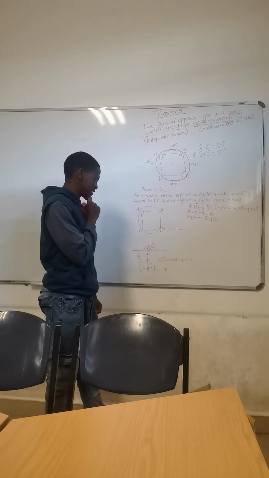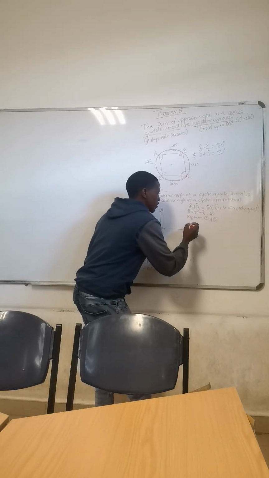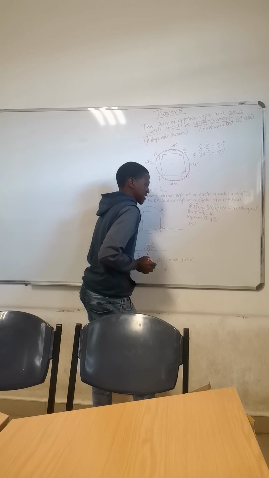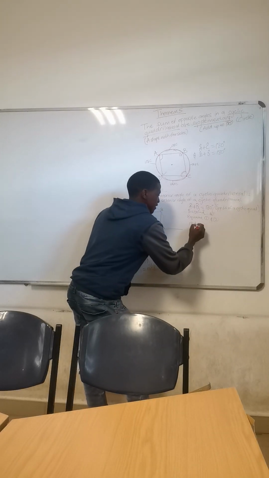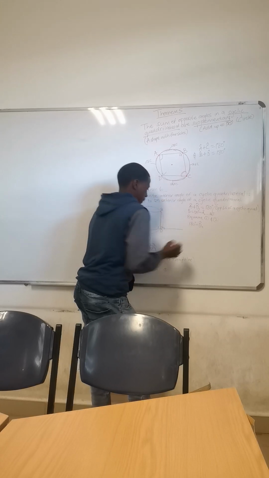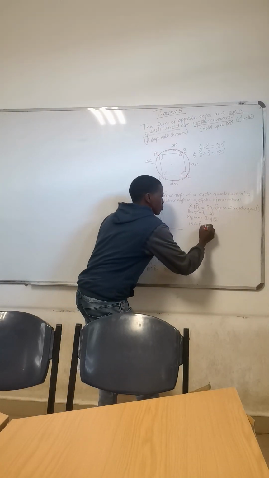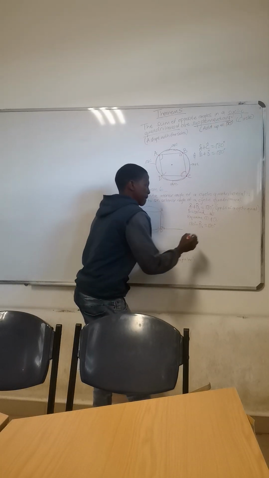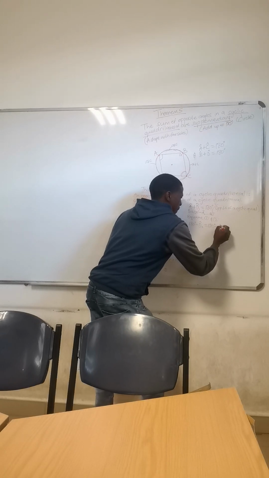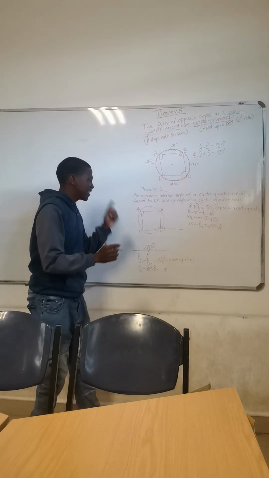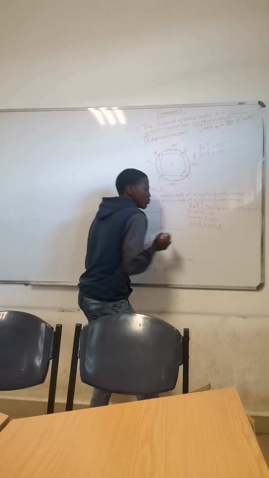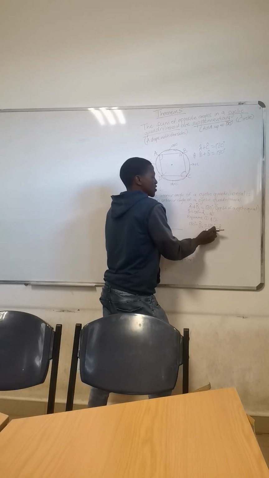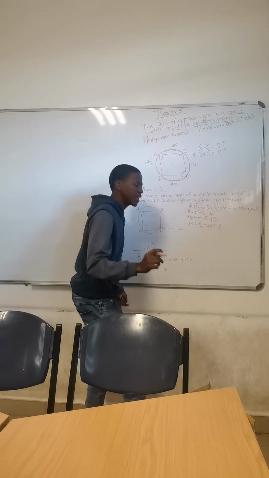So what does it tell us? It tells us that 180 degrees minus D2 is equal to 180 degrees minus A. Do you get it? And then if you transpose one of the two, whether you take this 180 to the right or to the left, they will eliminate each other.